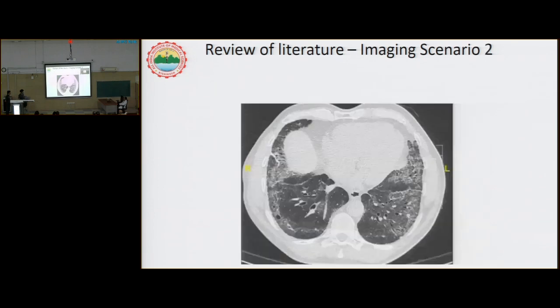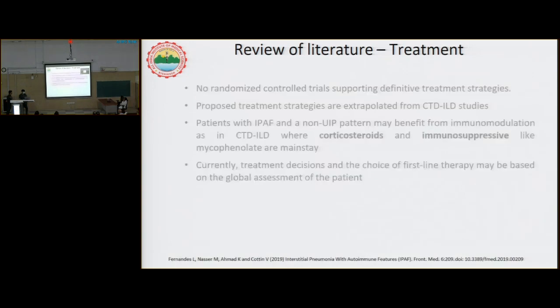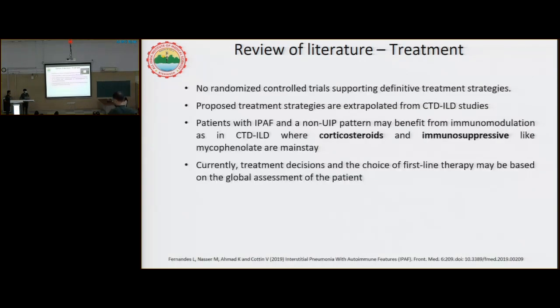Similarly, we have another scenario in which a patient with IPAF presents with a UIP pattern. Such patients may not benefit from immunosuppressive therapy. So basically, there are no definitive studies to tell us the exact management of such patients, but these management strategies have been extrapolated from other connective tissue disorder related ILDs.